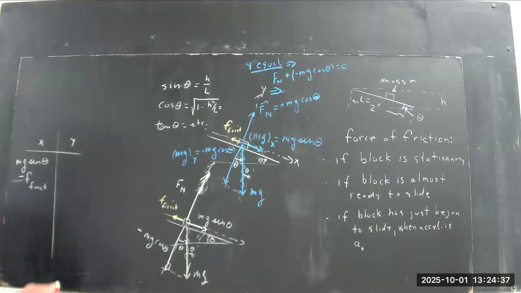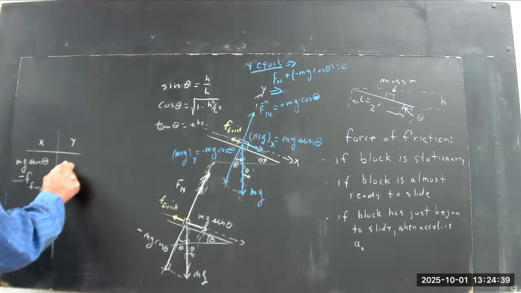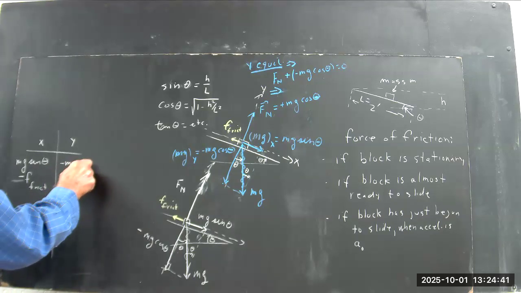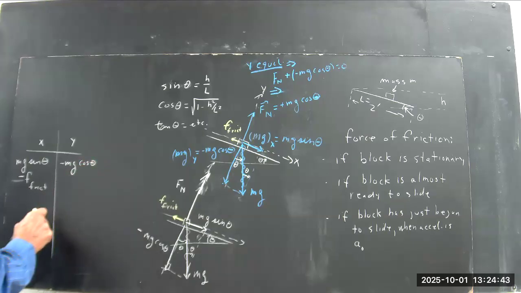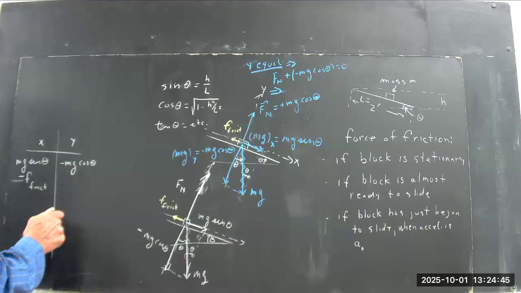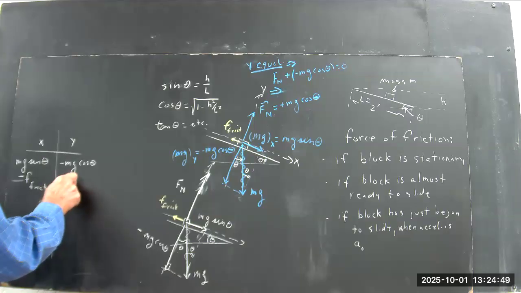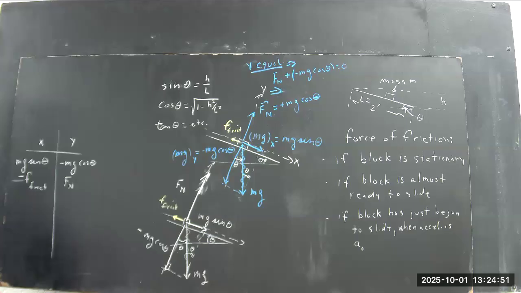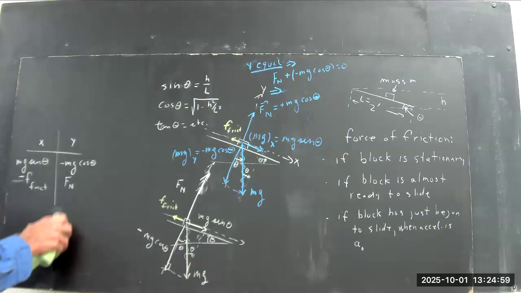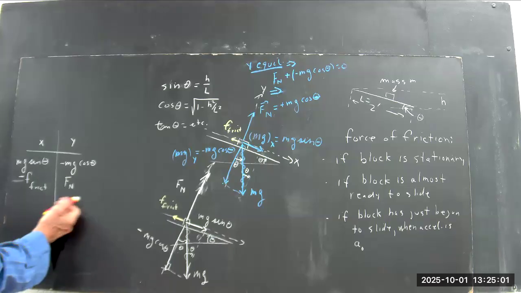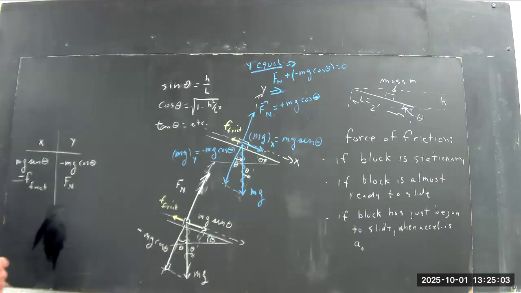Okay, there it is. In the y direction, we have negative mg cosine theta, and f normal. There's a list of our forces. There's a picture of our forces, and the list is pretty consistent with our picture.